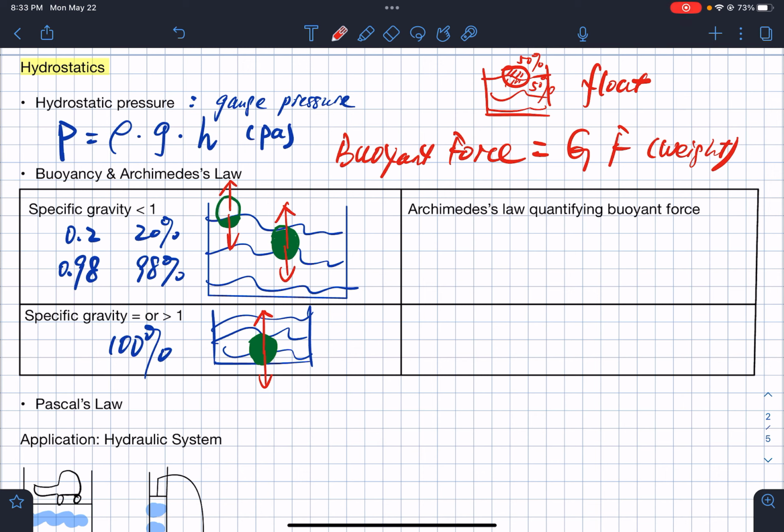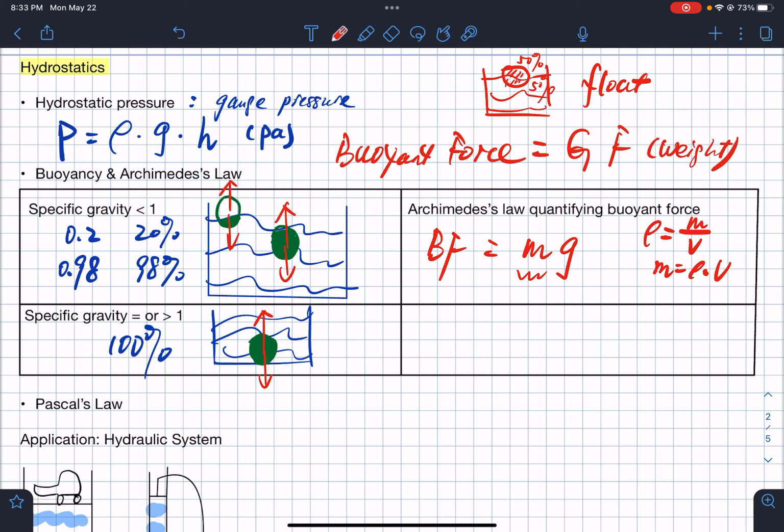To quantify the value of the buoyant force, a guy named Archimedes figured out that the equation for calculating the buoyant force is mg, where m is the mass of the displaced water. In our first video on density, we said density is mass over volume, so mass equals density times volume.